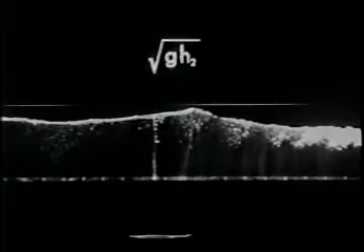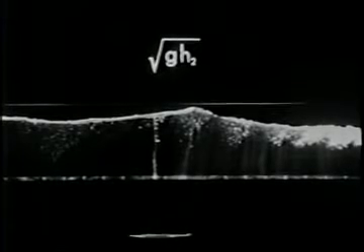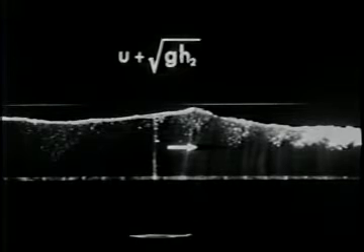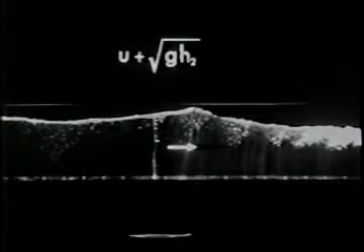Small amplitude waves behind the surge move relative to the fluid at a speed square root of gh2. However, behind the surge wave, the fluid is moving. There is a drift speed of the fluid u.